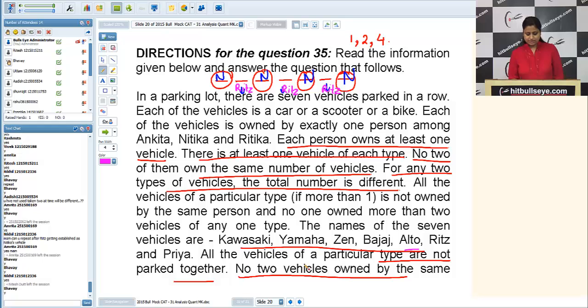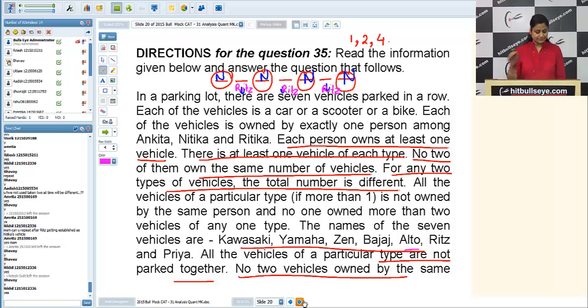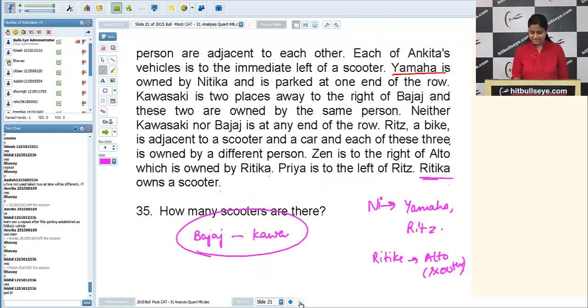So Kawasaki and Bajaj cannot be at 3rd and 5th place, and they cannot take end places. That's why Kawasaki and Bajaj don't belong to Nitika. Is it okay, Nikhil? That's why Bajaj and Kawasaki cannot belong to Ritika. They will belong to Ankita.